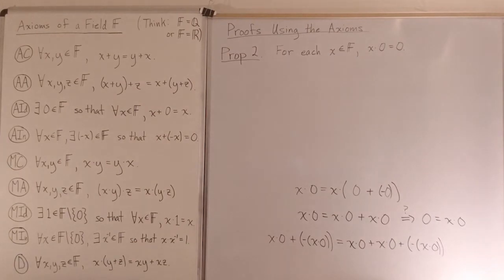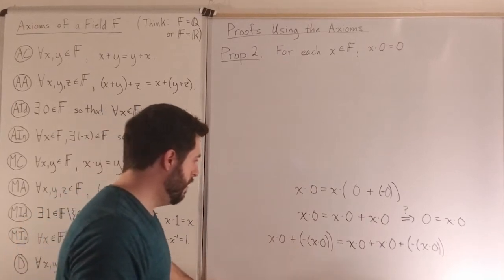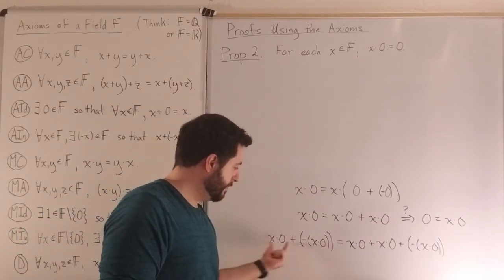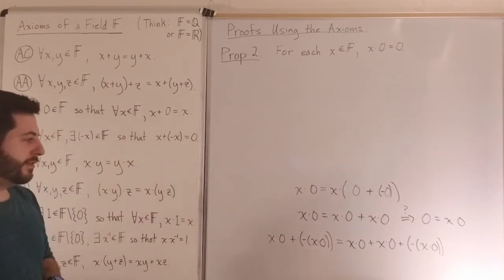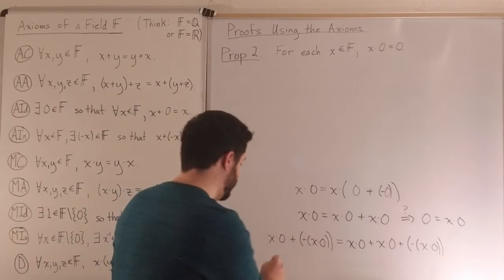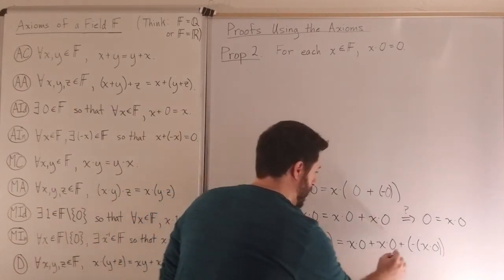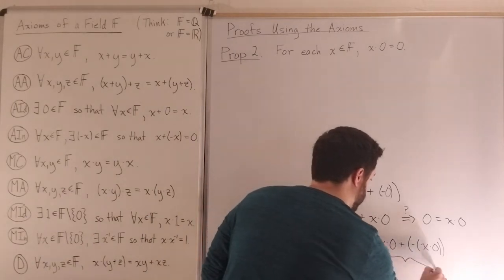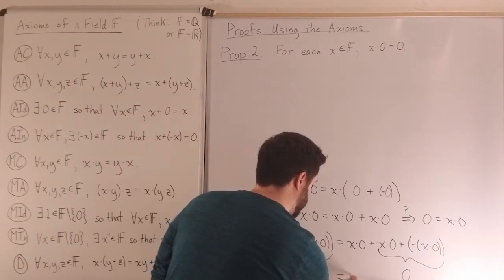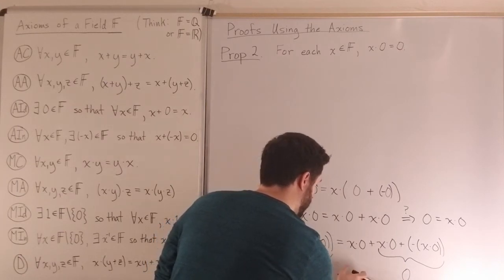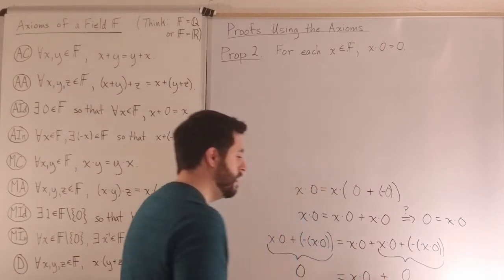All right. So, what happens when we do this? Well, the whole point of adding the opposite of something to the original, x plus opposite of x, is you get 0 out of that. Okay? So this right here is 0. And this right here is 0. Okay? So 0 is equal to x times 0 plus 0.